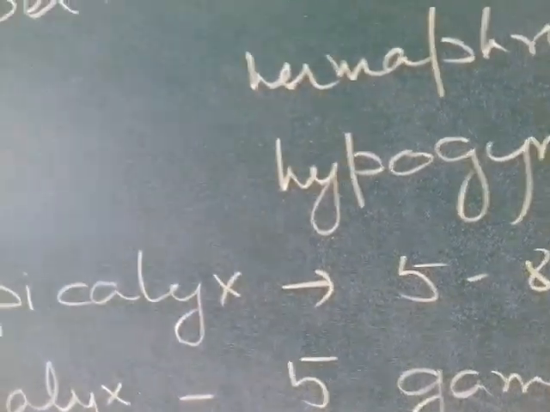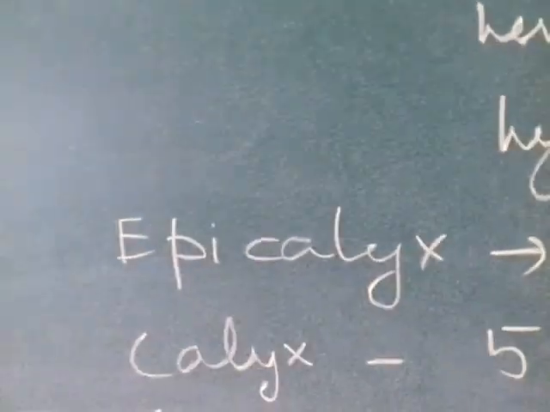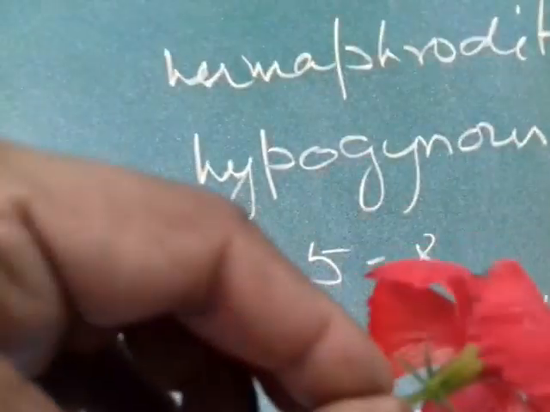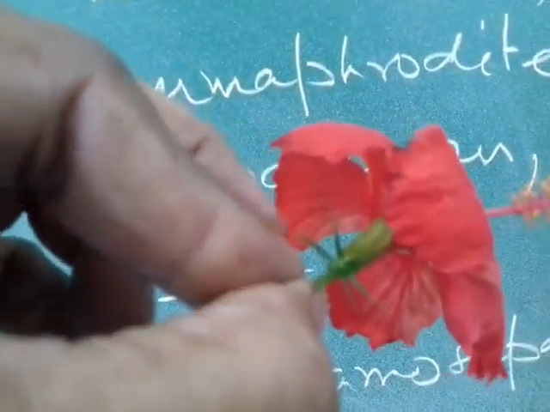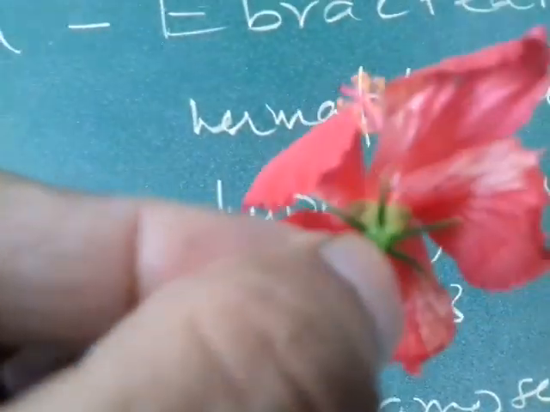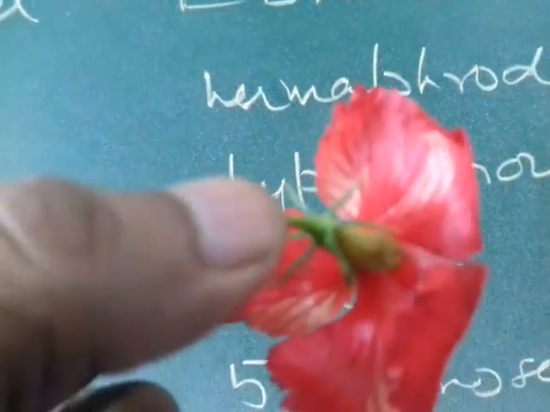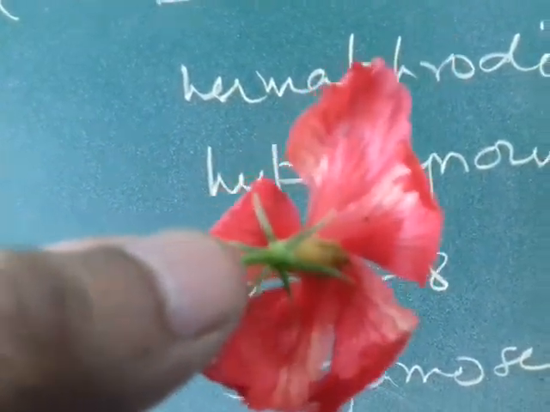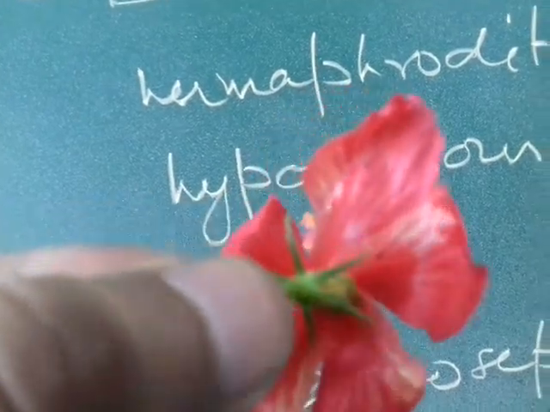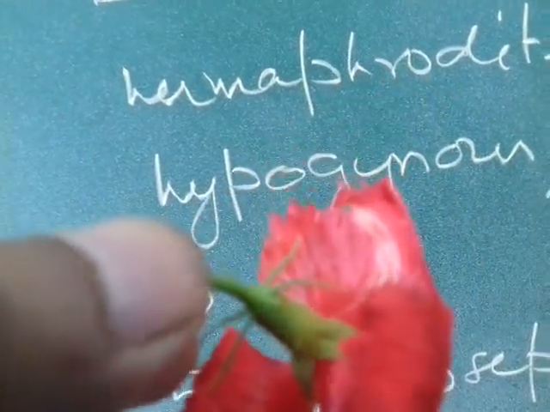Next we are going to study the epicalyx. You can see the epicalyx, their number is 5 to 8. You can see here at the bottom, I am showing with my fingers, these are the epicalyx. These are about 5 to 8, it is not fixed. Like here you can see 1, 2, 3, 4, 5, 6 are there. These 6 epicalyx are there.